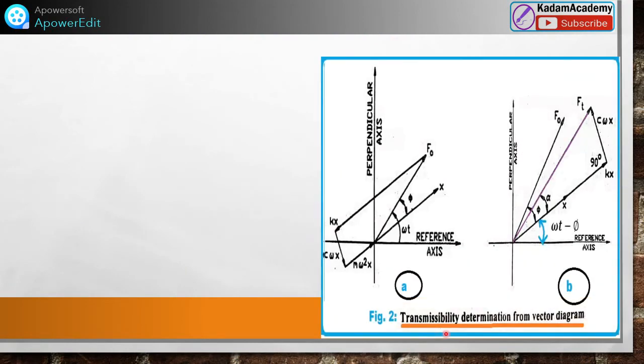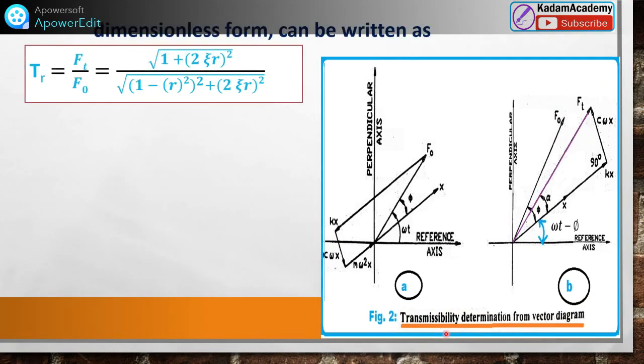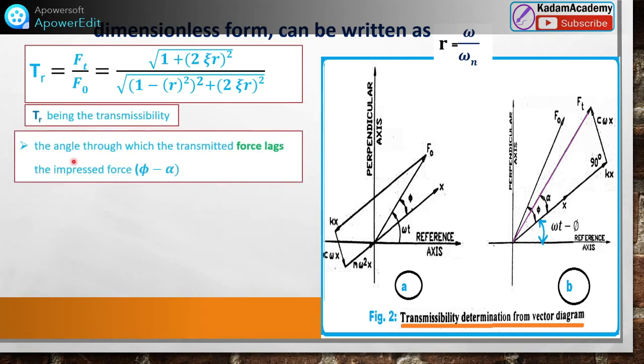Now we have derived the dimensionless form from this triangle and converted it into this form. Now we are studying the angle through which the transmitted force lags the impressed force. This is the impressed force F0, and this transmitted force lags.